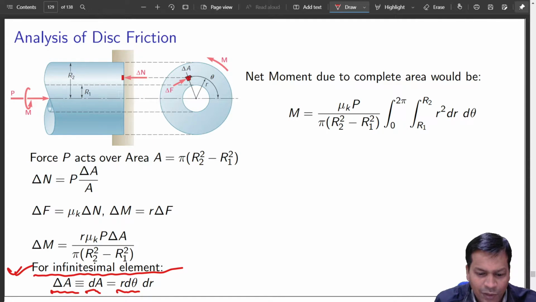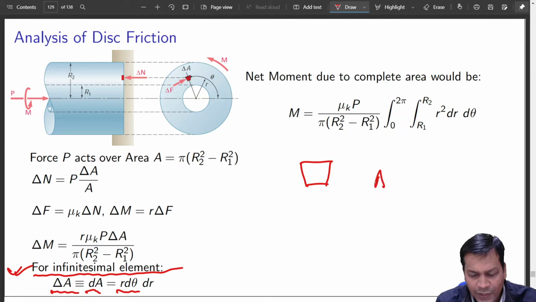How is that calculated? The small elemental area, how is that calculated? A is equal to R d theta, right? So if you do dA by dr, effectively you will get this only. So that is how it is done.